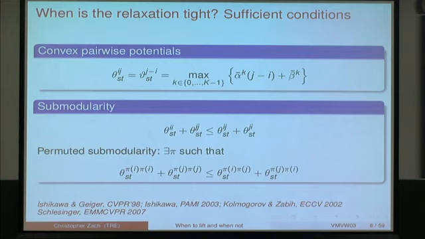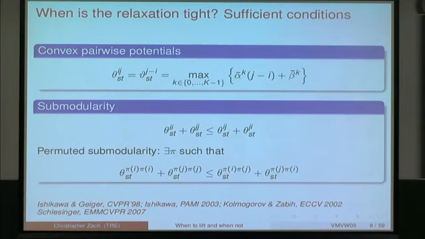One I'm going to mention in more detail on the next set of slides is convex pairwise potential, meaning you penalize differences in the assigned labels such that the function, how to penalize the difference, is a convex function. This is a quite well-known result in the literature, and this is usually attributed to Ishikawa.